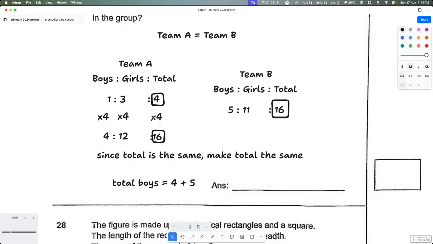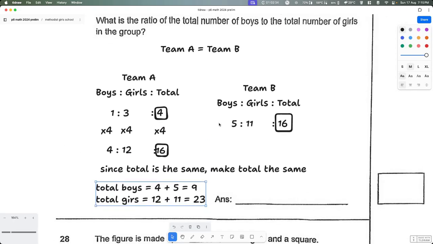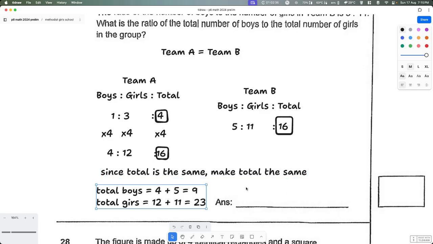And then total girls is equal to 12 plus 11 equal to 23. So total boys and girls will be 9 is to 23. There you go. So that's your answer to this question.